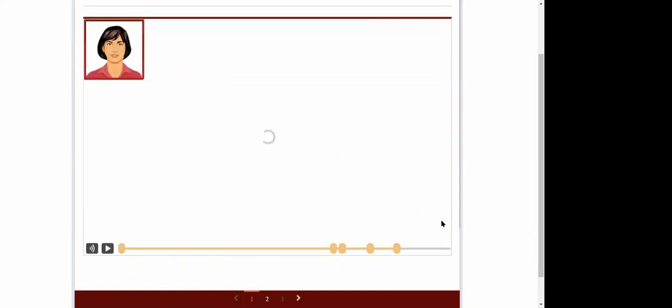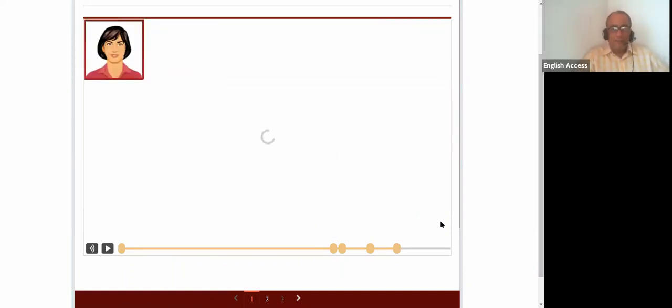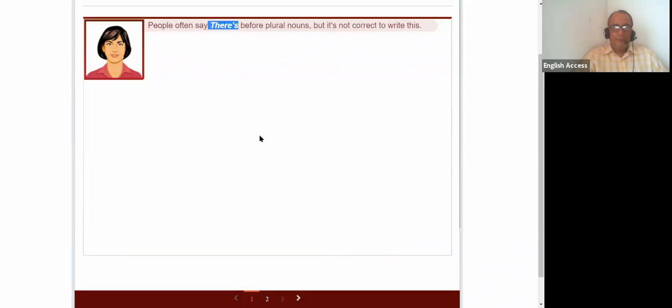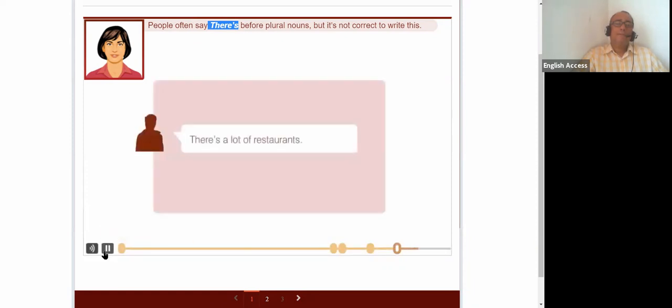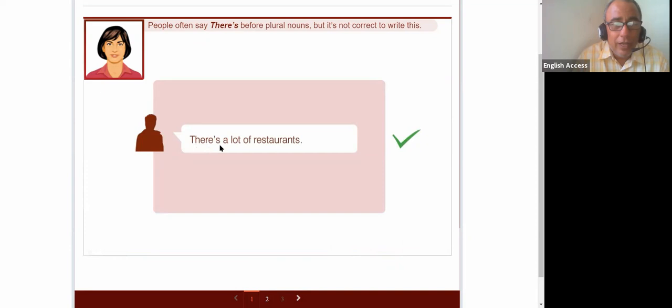And finally, finishing with this grammar part. I guess it's just a review. In conversation, people often say there's before plural nouns, but it's not correct to write this. There's a lot of restaurants. What is happening here? ¿Qué está pasando aquí? Ya quedamos que there is es para singular, pero aquí dice there's a lot of restaurants y restaurant está en plural.